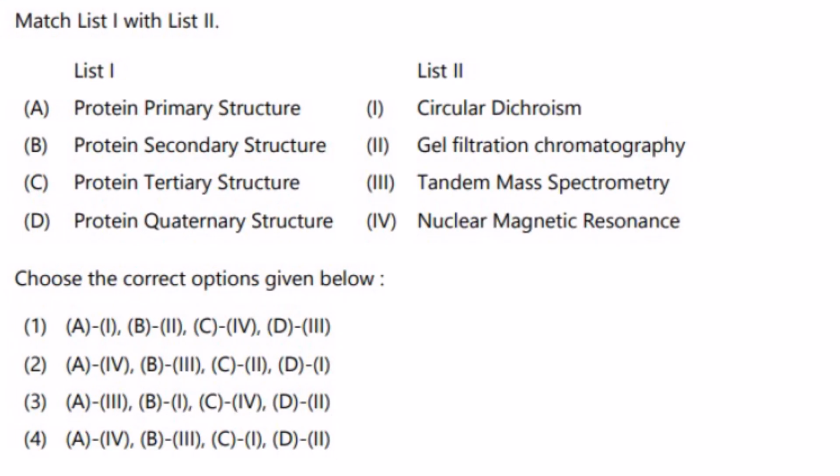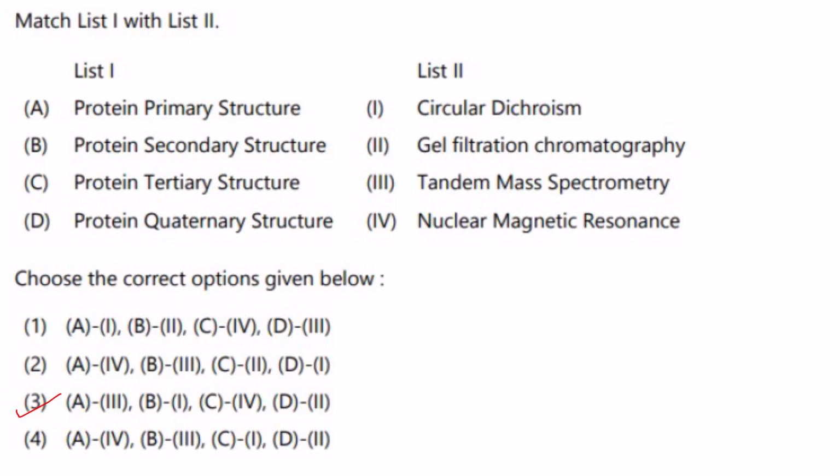Then the next one, protein primary structure. Protein primary structure you can determine by tandem mass spectrometry. A3, oh, that makes option 3 itself the right answer. Secondary structure by circular dichroism, yes. Tertiary structure by NMR, yes.